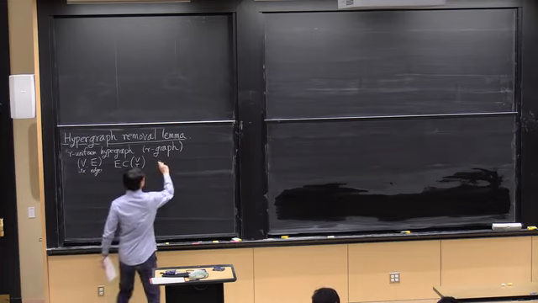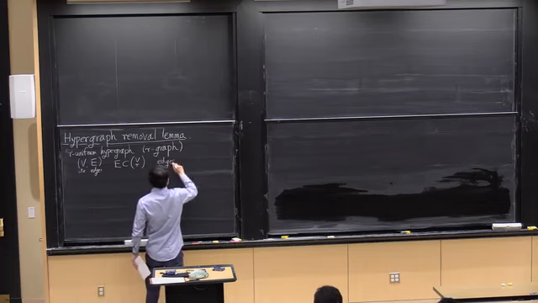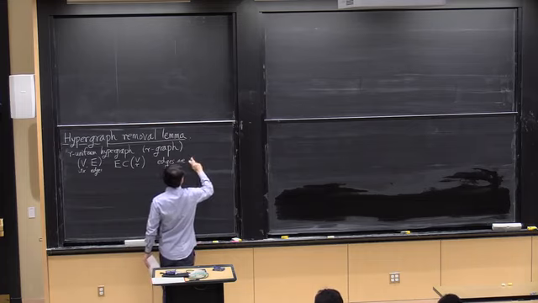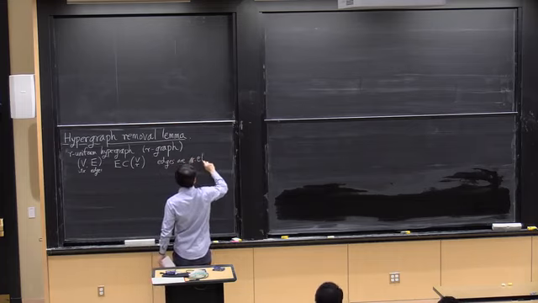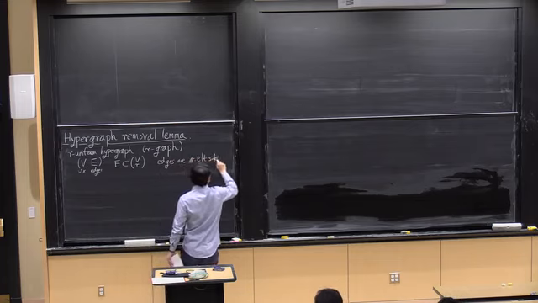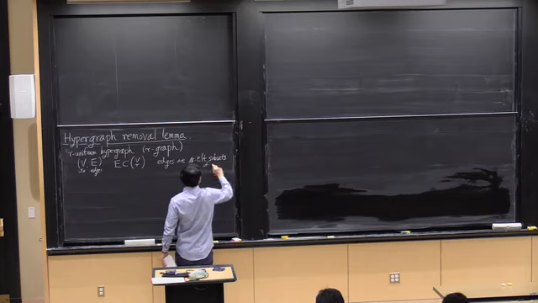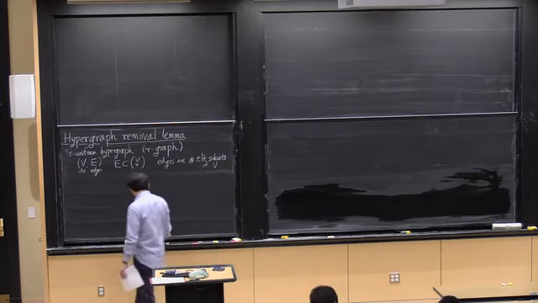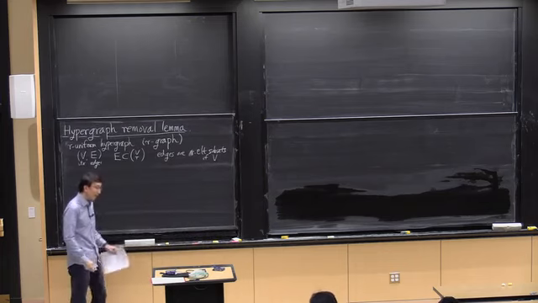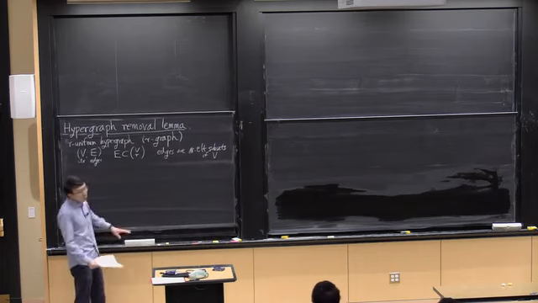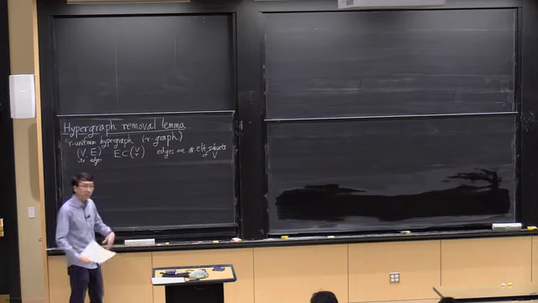So the edges are r element subsets of the vertex set. So r equals 2 corresponds to the graph case. And you can talk about subgraphs, density, various counts, all analogously to how we did it for graphs.